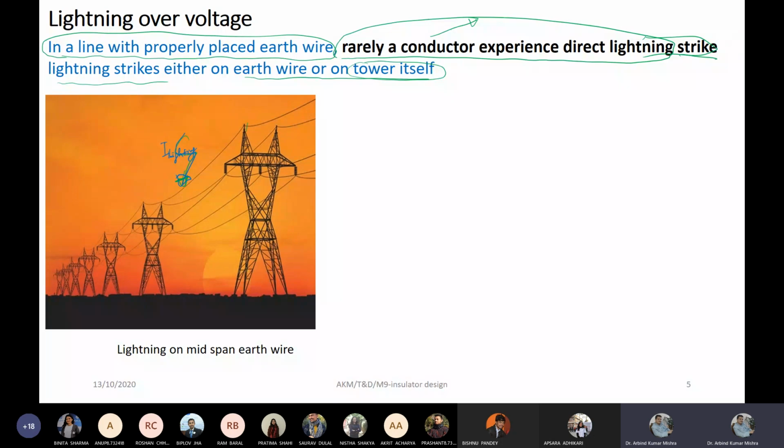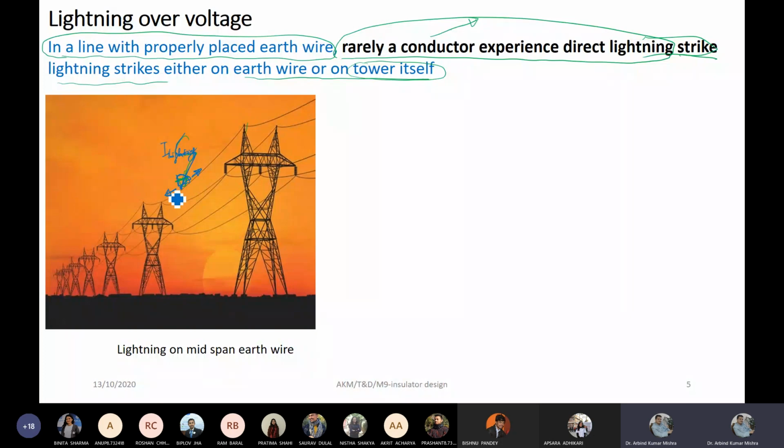I expect that you understand the fundamental things about lightning. So if lightning strikes at this point, then as in any electrical circuit, it may try to travel in either direction, because the electrical paths at this point are only two. So it will move along this direction or this direction.